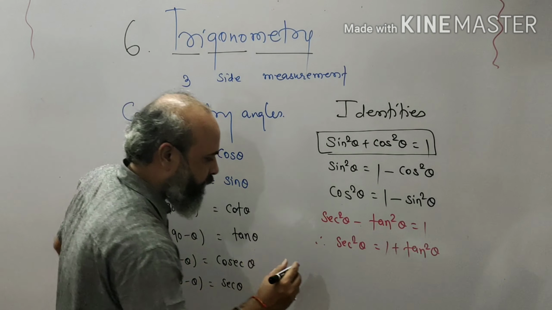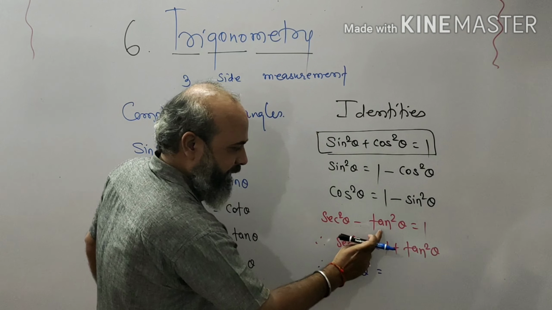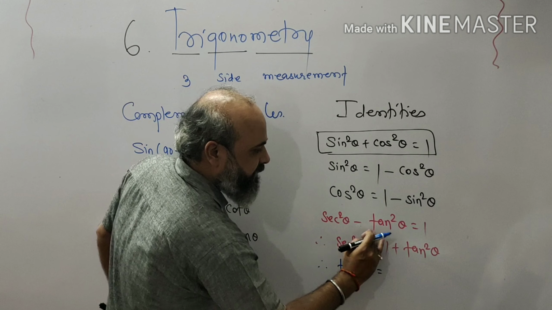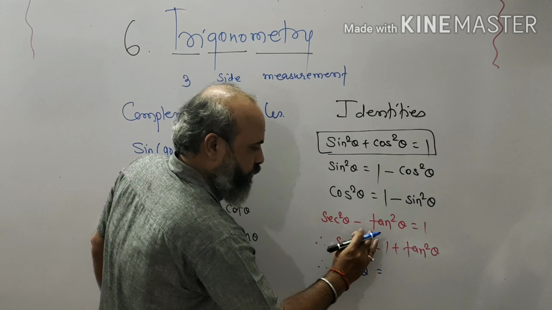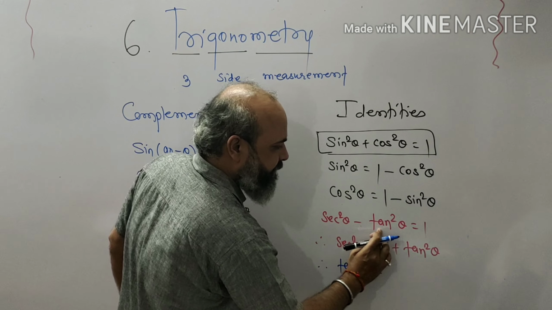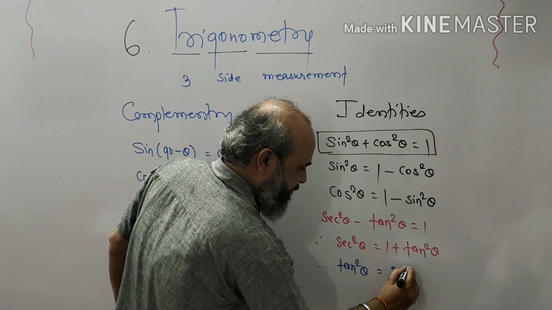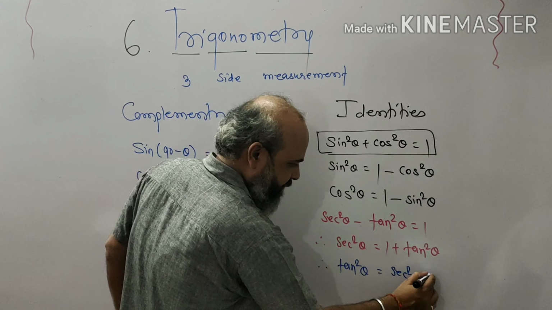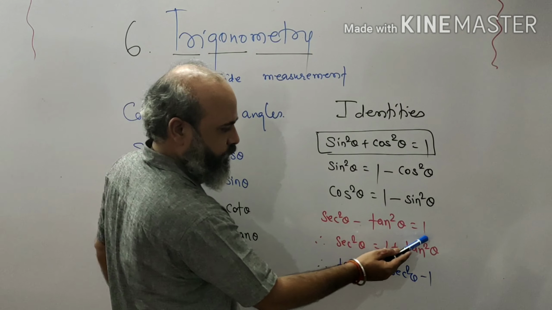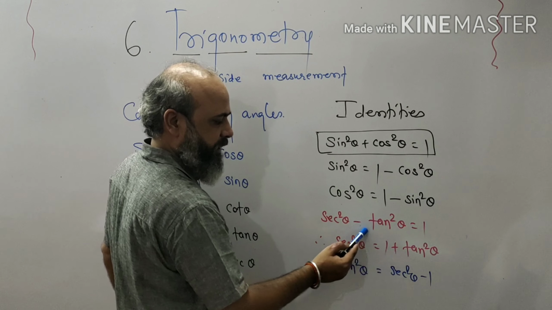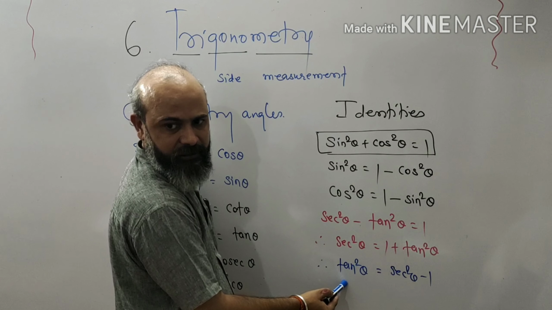Now you will find tan square theta. Student, to find tan square theta, transfer the tan term to the right hand side and the 1 to the left hand side. Sec square theta, and the plus 1 becomes minus 1, and minus tan square theta goes to the right hand side as plus tan square theta.